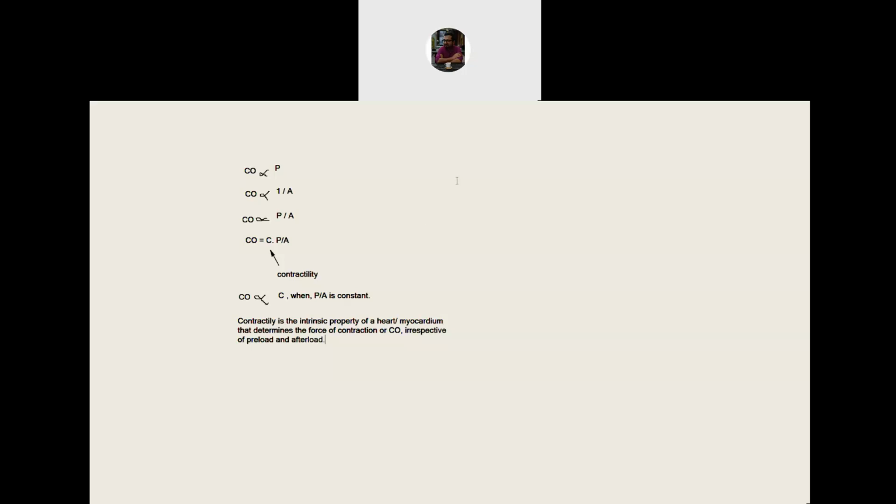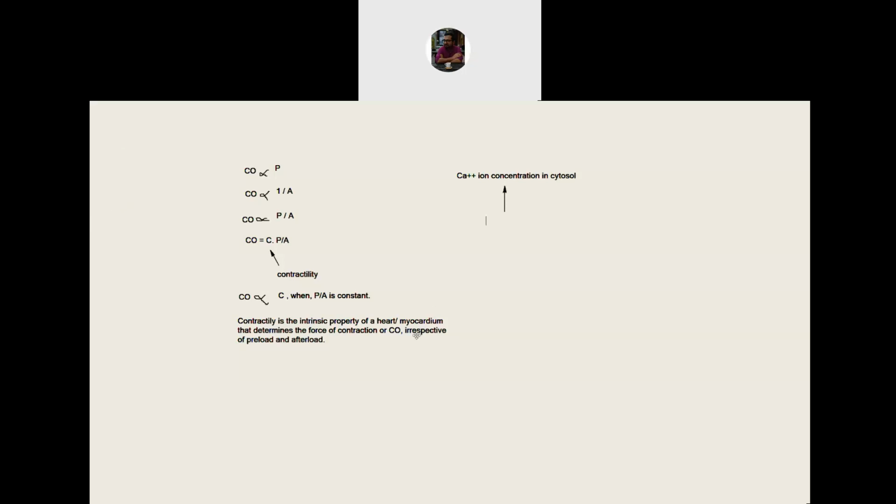One of the most important determinants of contractility is the cytosolic calcium ion concentration. Now, in the cardiac tissue, calcium ions enter under the influence of cyclic AMP.